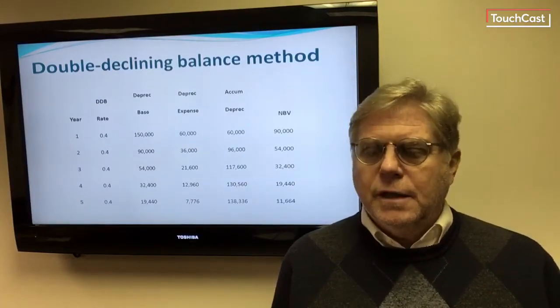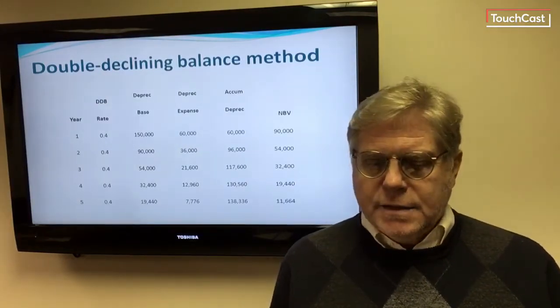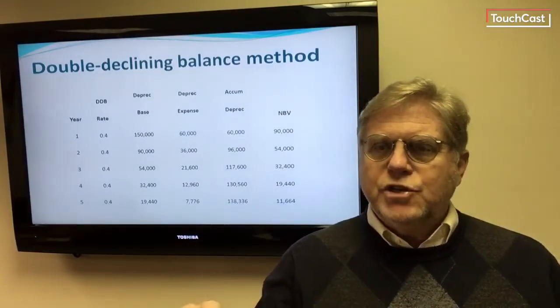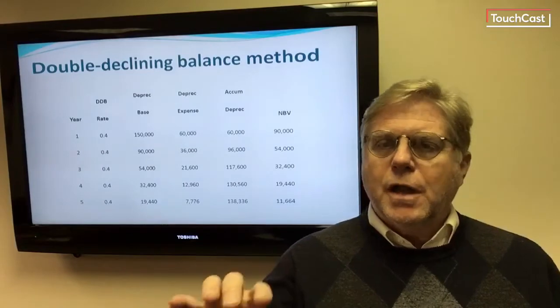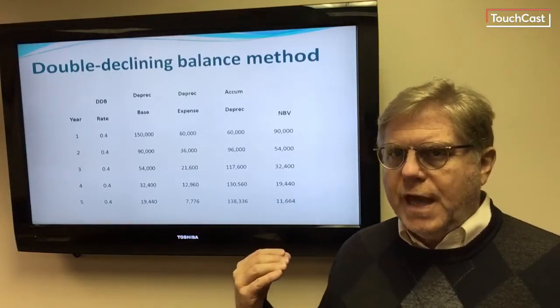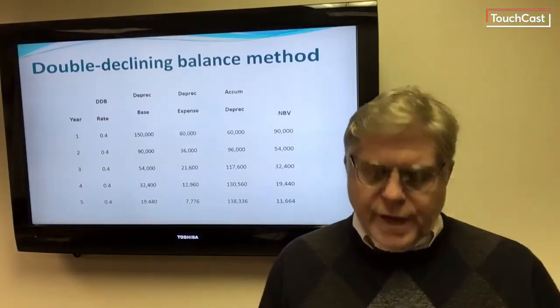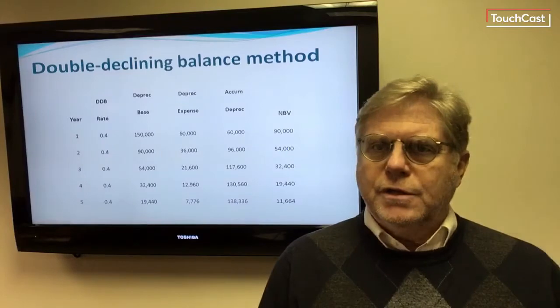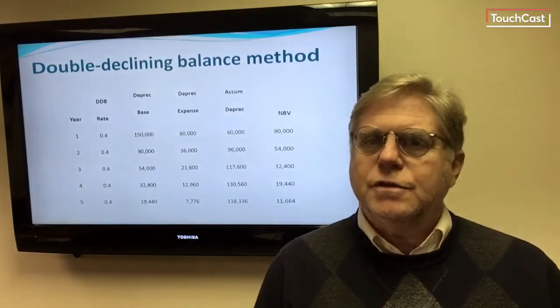That's one way to handle it. We'll look in class at another way that companies generally handle that, and that's by switching over from double declining balance to straight line depreciation at some point during the life of the asset. But we'll hold that explanation until a time when we've got a little more opportunity to maybe ask questions.